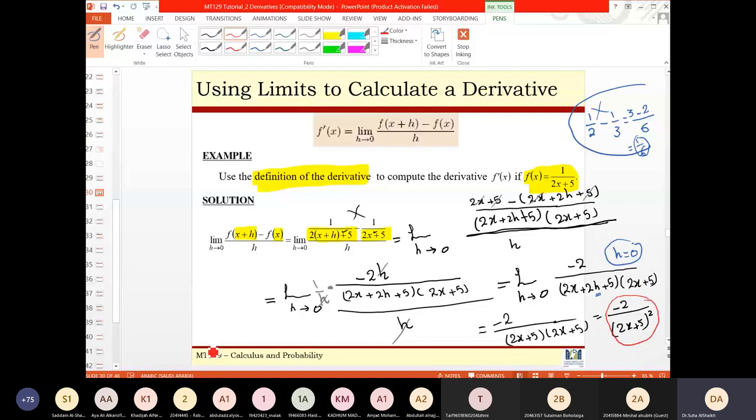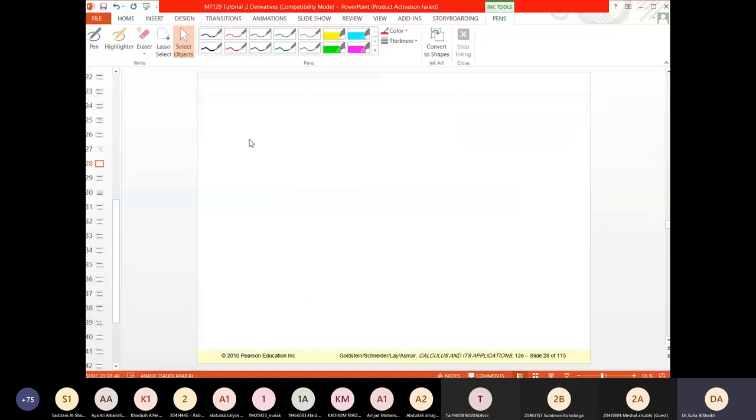I'm going to show you one more example. Find me f dash x using the definition for f of x equal 1 over x.